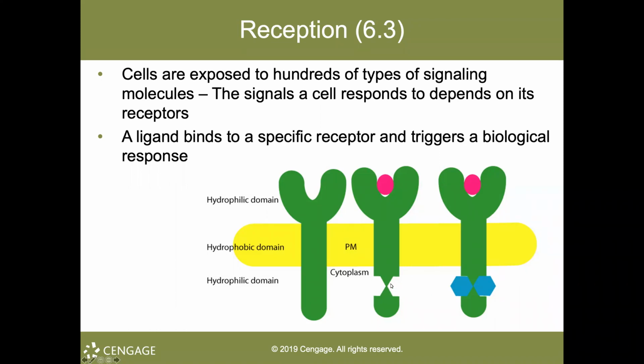This allows other proteins to bind, and eventually you get that cascade of signaling events that we talked about in the previous learning objective. Other proteins are going to bind, signal to other proteins within the cell, and then eventually you'll have a biological response.